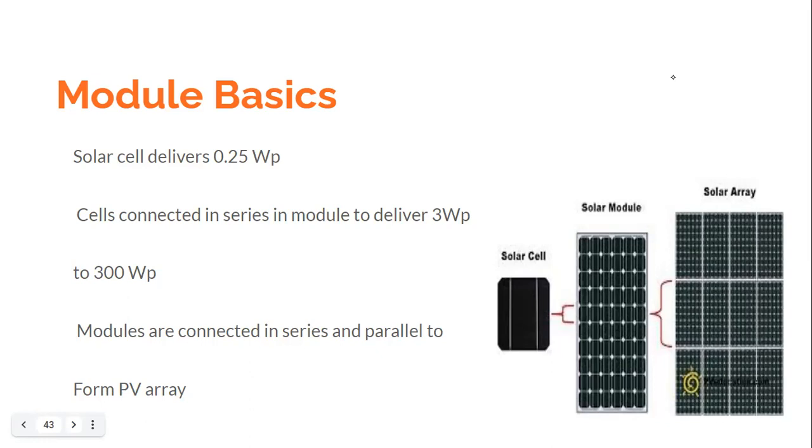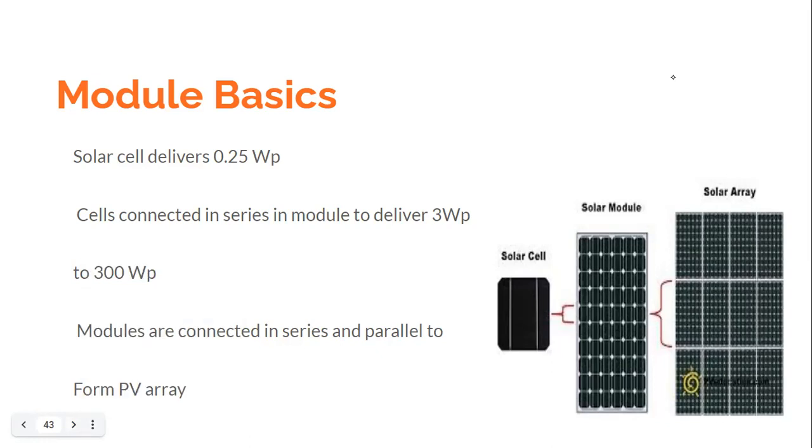Okay, so a solar PV array comprises a number of modules, the maximum capacity of each being 300 watt peak, and then depending upon how they are connected, we would get the desired current and the desired voltage.